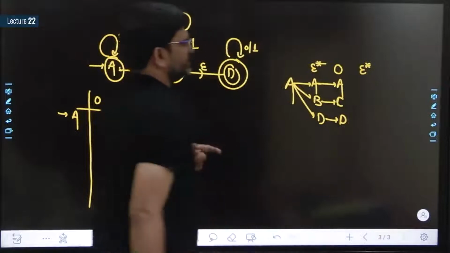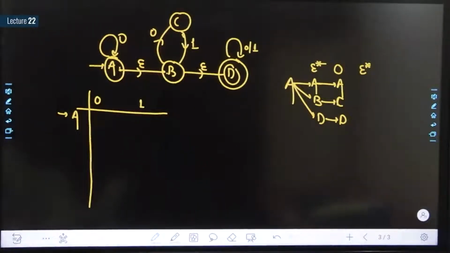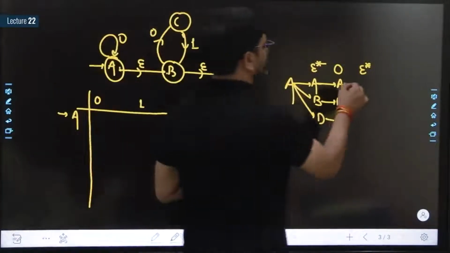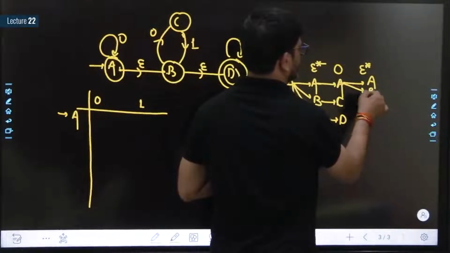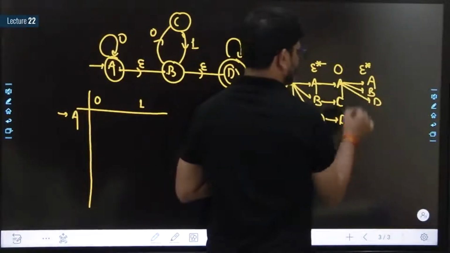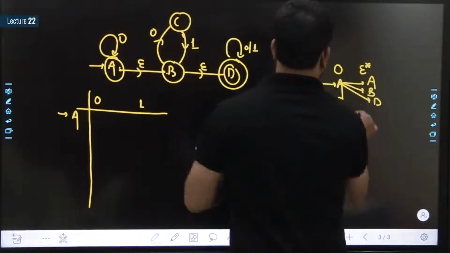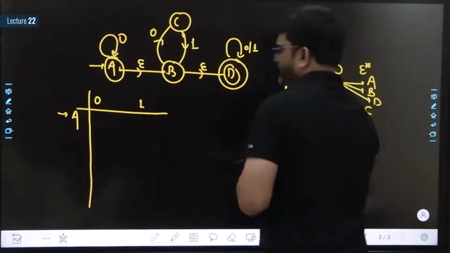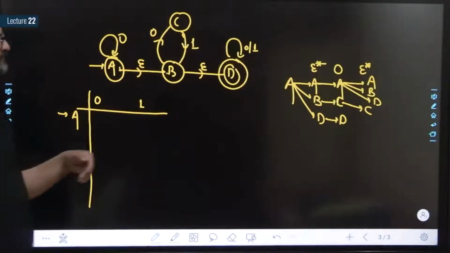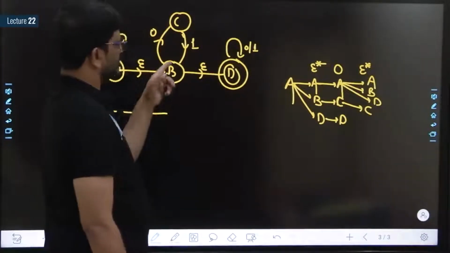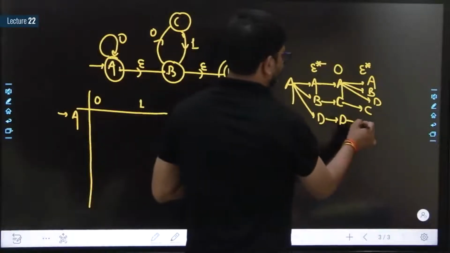Again find the epsilon closure of these states. What is the epsilon closure of A? A, B, D. What is the epsilon closure of C? Only C, because the state itself is its epsilon closure. What is the epsilon closure of D?